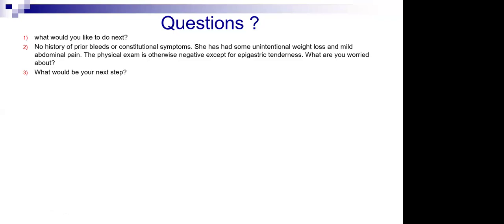So what will be your next step? This patient deserves an admission. Prior to that, IV cannulas, start with ABCs, cross-match blood just in case the patient rebleeds, and ask the endoscopist for upper GI endoscopy. Why do we want to do that?